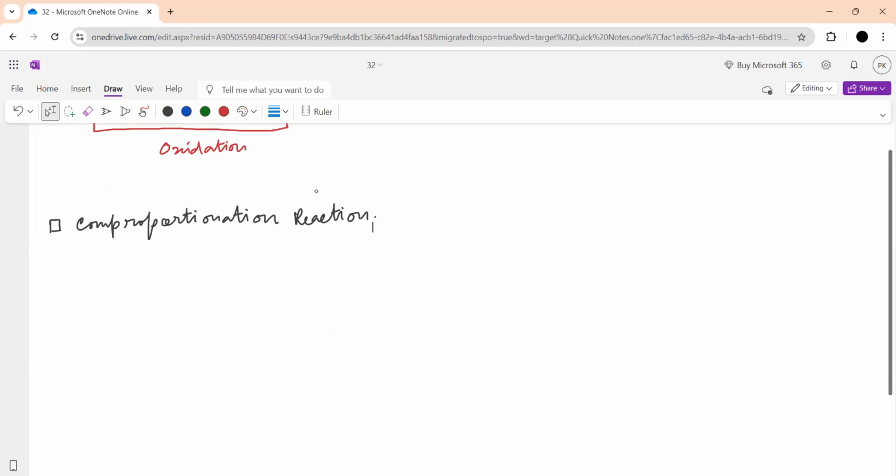The example you were saying, Na plus H2 gives us NaH. So Na was 0 here, H2 was 0 here, Na is +1, H is -1.